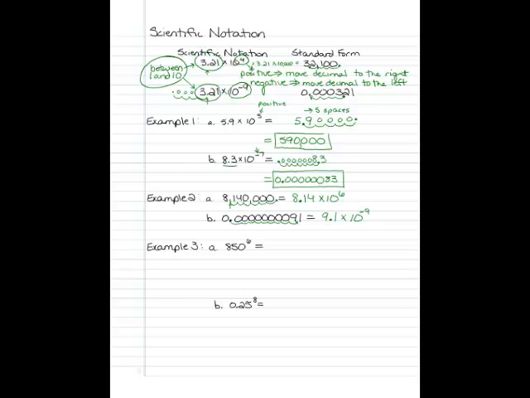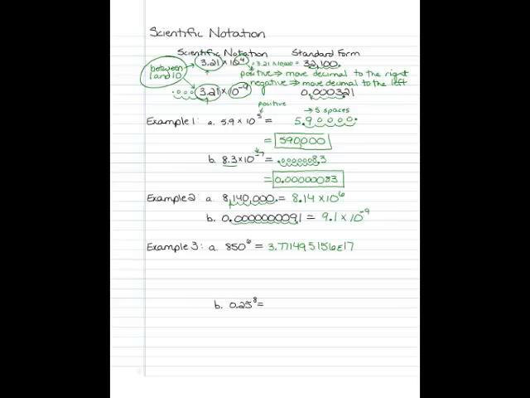In example 3, we're going to be doing some work on the calculator. So make sure you have your calculator out. You're asked to evaluate the following on your calculator. And when you do this, you will see something interesting occur on the screen. When you type in 850 raised to the 6th power, your calculator will give you 3.771495156 E 17.